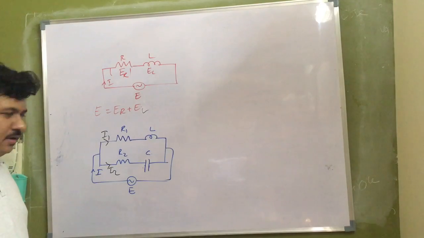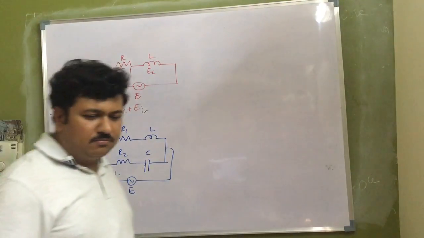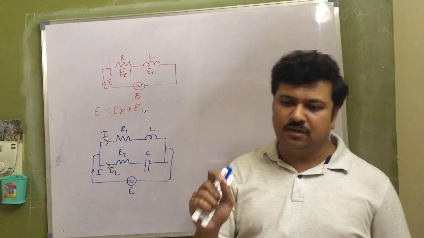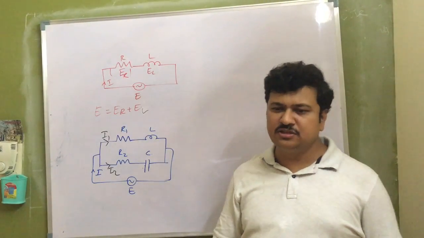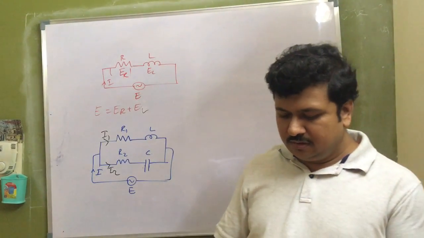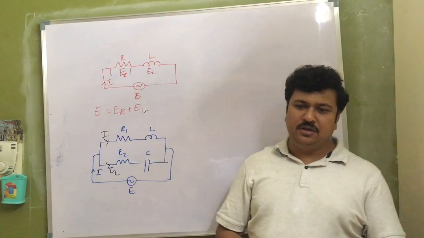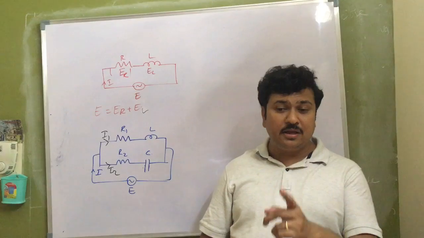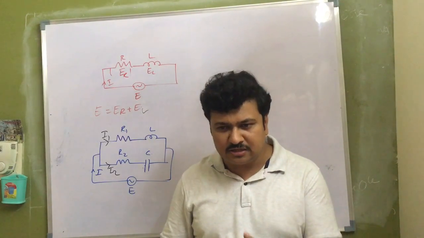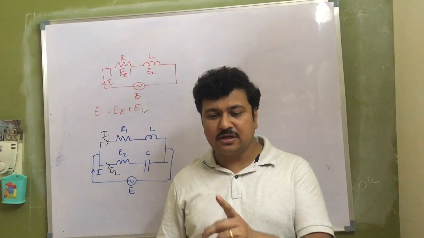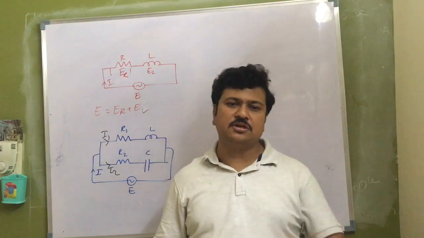Then to start drawing the vector diagram, I should take one reference vector. What should that reference vector be? As a thumb rule of vector diagrams, the reference vector should be a vector representing that quantity in the circuit which remains common in all the components.